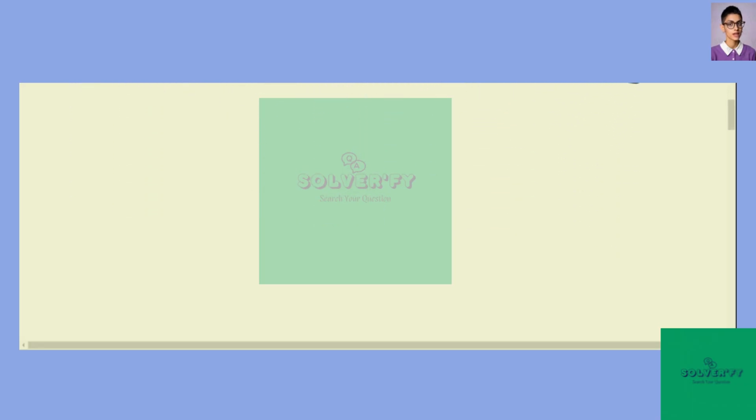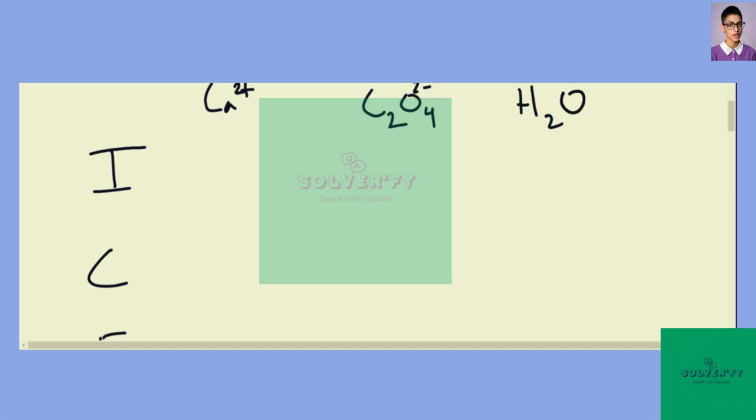Next, what we need to do is we form an ICE table. If you remember, the I stands for initial, the C stands for change, and E stands for equilibrium. We have the equation, and we're going to look at the product side of the equation. So we have calcium here, and we have the C2O4 here, and then we have H2O.